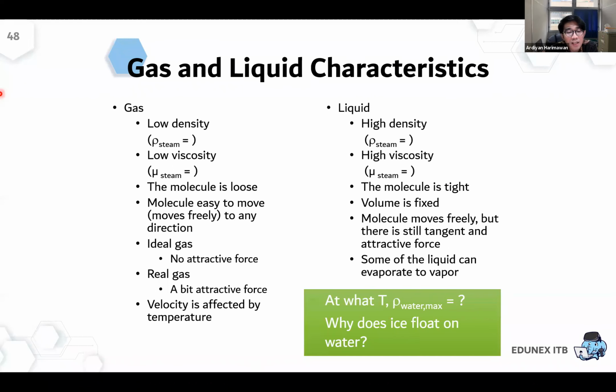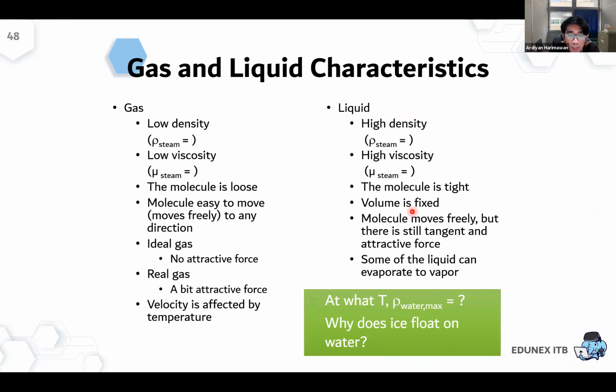Okay, in comparison, the liquid has higher density, higher viscosity. The molecules are tight. It means the distance between each molecule is closer than in the gas. Later we will see that the distance between molecules influences the viscosity.